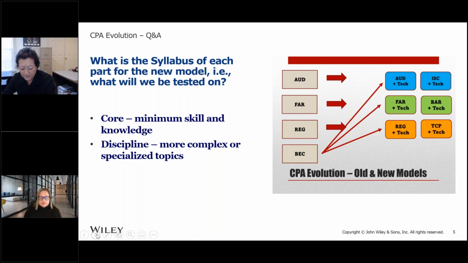For example, understanding the role that information systems play in an organization's financial reporting system, and being able to identify new efficiencies that are now possible because of changes in technology, or identifying data being collected and being able to analyze such data effectively to aid in operating decisions. So you can see that the new exam is not the same as the old exam, even though some of the names are the same.